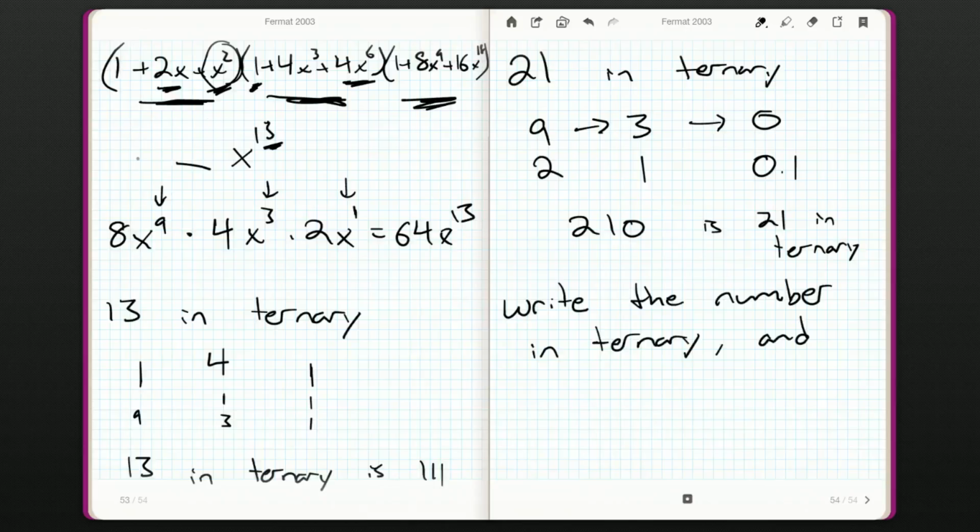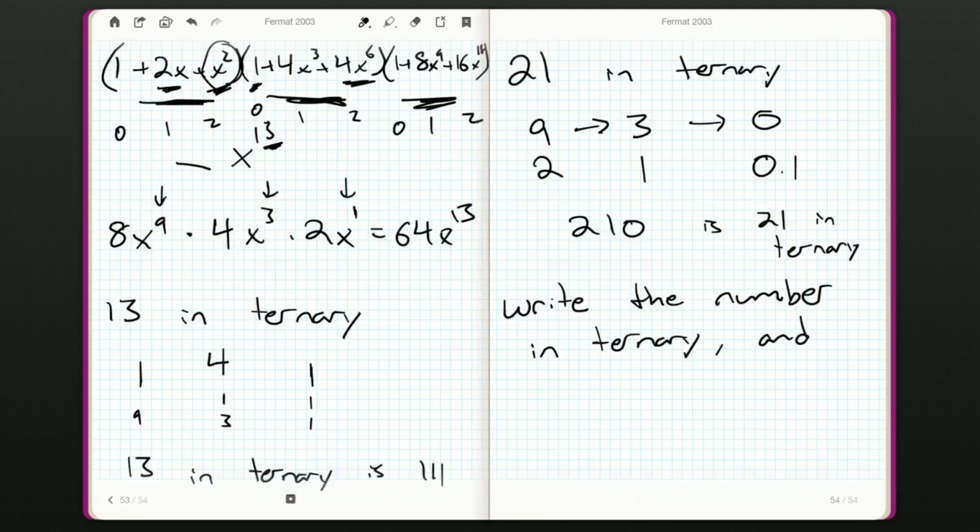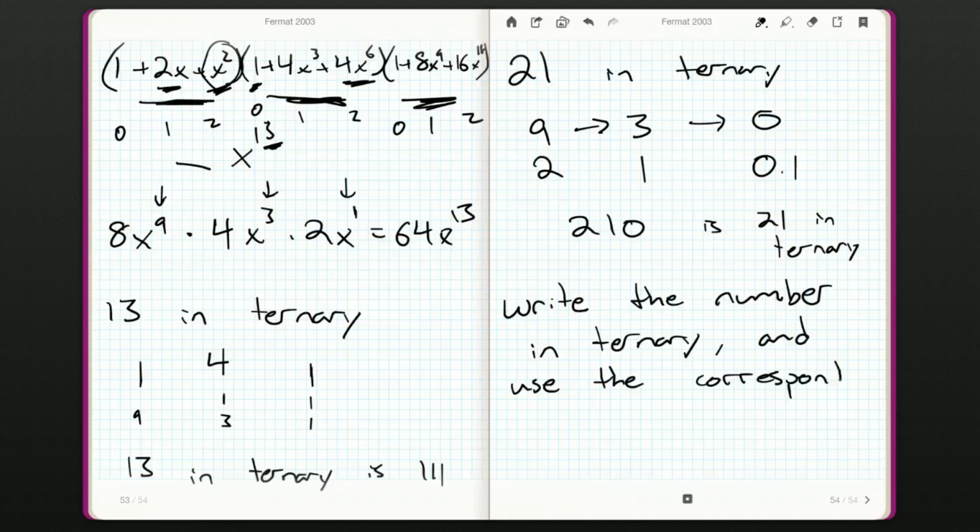So this is either 0 1s, 1 1, or 2 1s. This is either 0 3s, 1 3, or 2 3s. 0 9s, 1 9, or 2 9s. So there should be only one way to pick from each of the brackets. One term from each of the brackets. And use the corresponding coefficients.